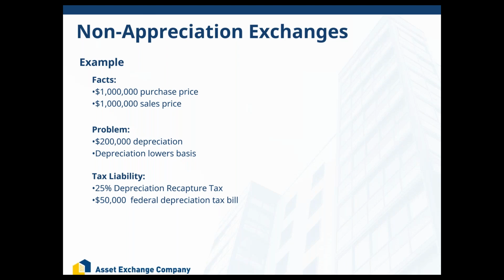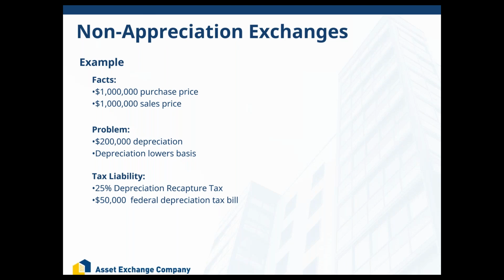You remember depreciation recapture tax, right? That 25% tax. There could be a potential issue there. Let's just say in the example, they took $200,000 worth of depreciation for the lifetime that they own the property. When they go to sell the property, they're going to be hit with a 25% depreciation recapture tax on that $200,000 of depreciation.